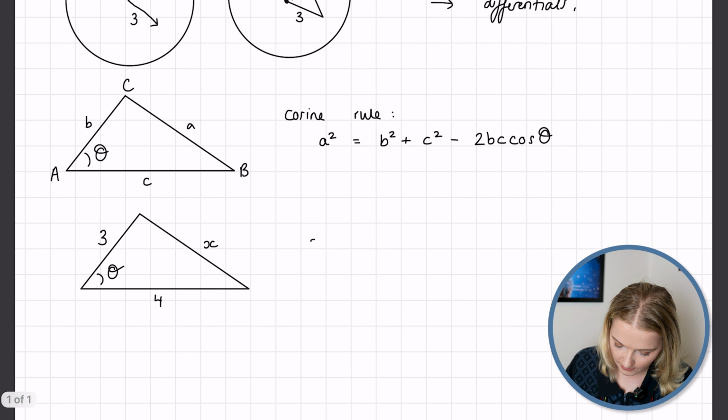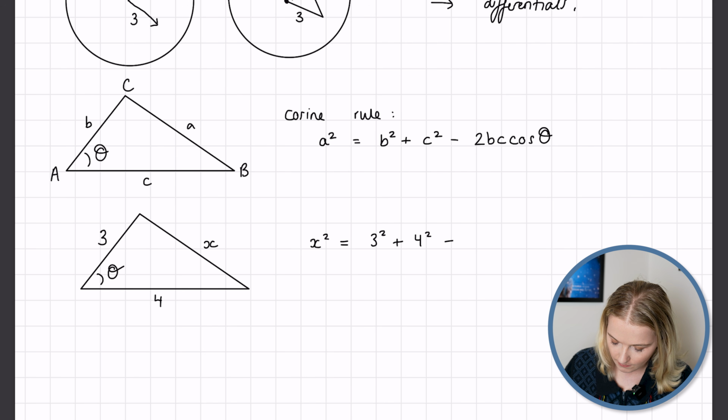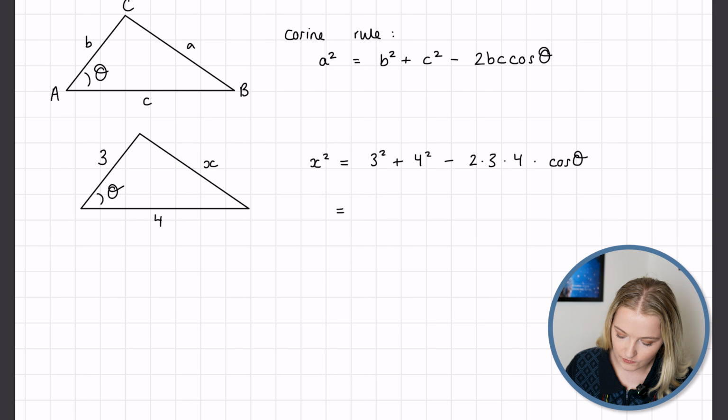So for this, we would have the x squared. Well, what would that equal? It would be 3 squared plus 4 squared minus 2 lots of, what was b? B's 3 times 4 times cosine of theta. So equating this, we would have 9 plus 16, which is 25. Then we'd have 2 times 3, which is 6, times 4, which is 24.